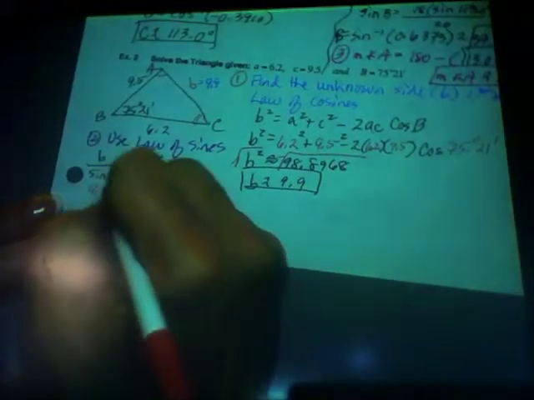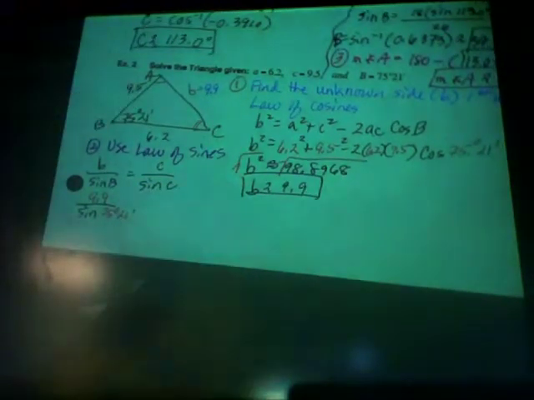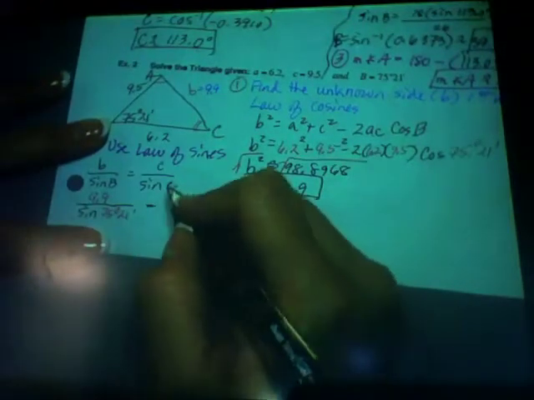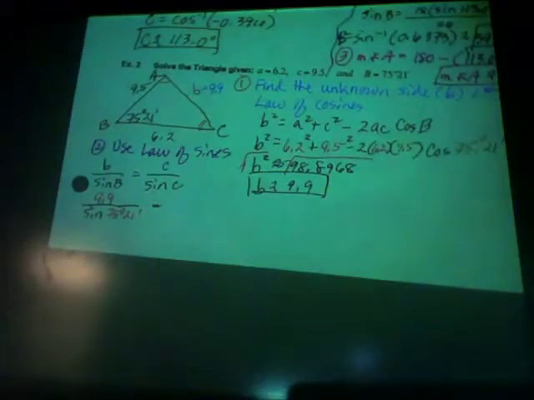Those of you who just printed out my notes, they're different now because y'all chose C and I think I had B on the notes. All right, so I'm going to plug in what I know. 9.9 over sine of B equals... so cross multiply.